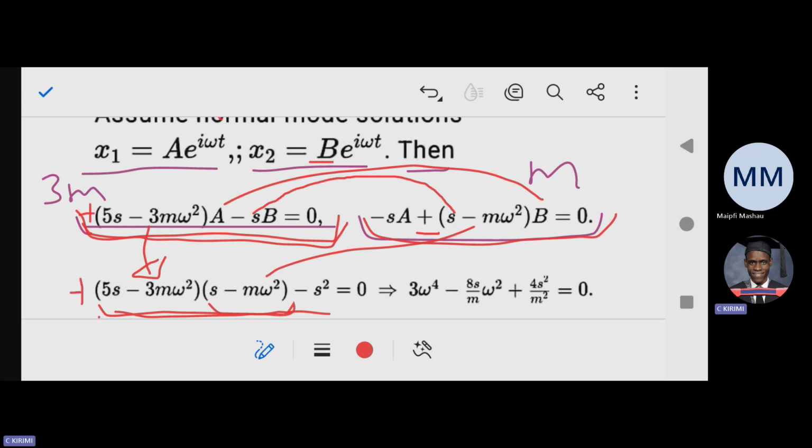That's why here it was also positive. So the signs are coming as they are. What is vanishing are a and a, b and b. You are left with only the constants. You have eliminated the constants. Do you know how to eliminate constants? These ones are just simultaneous equations.